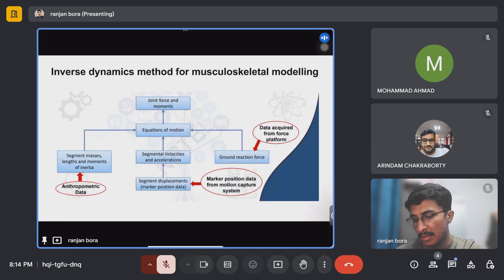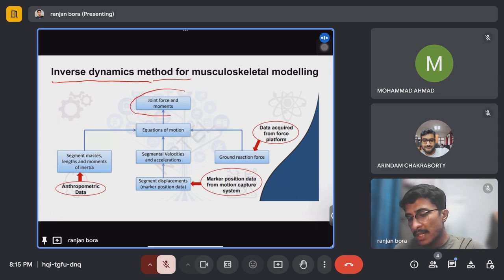Now there are different algorithms to solve problems related to the musculoskeletal model. There is one algorithm which is known as inverse dynamics. In inverse dynamics, we calculate the joint forces and moments, and the input parameters are these ones.